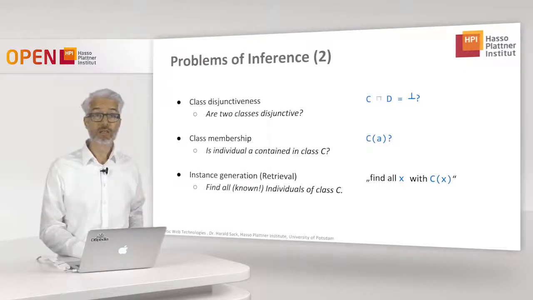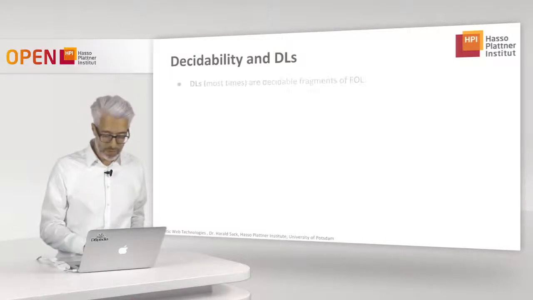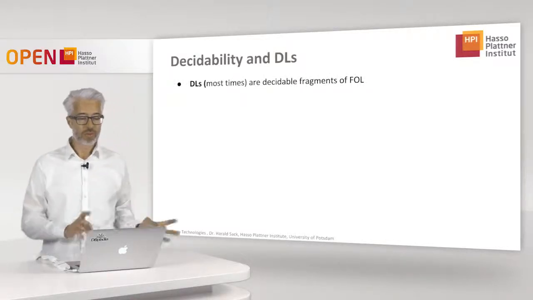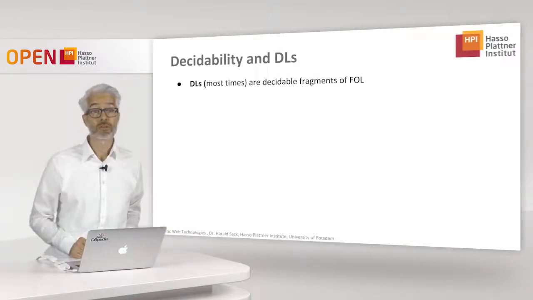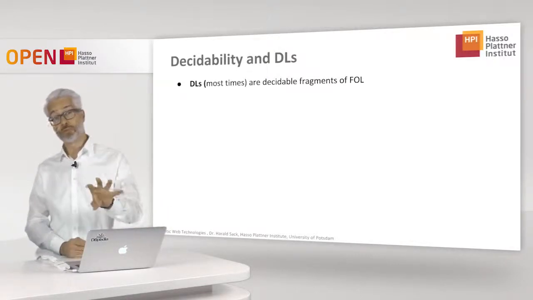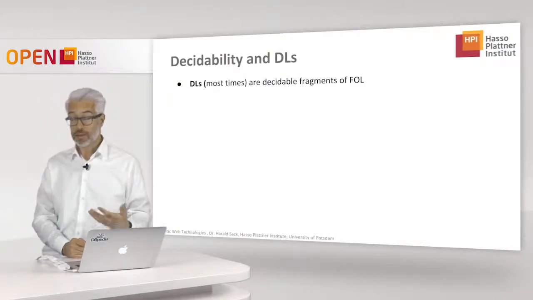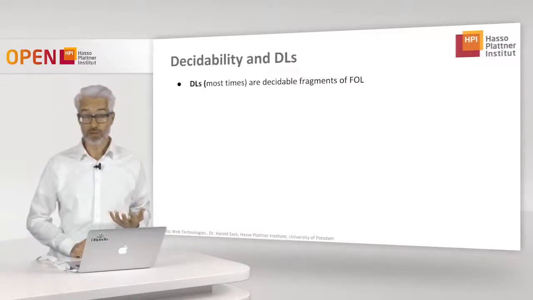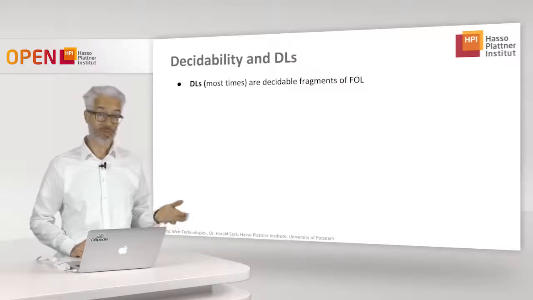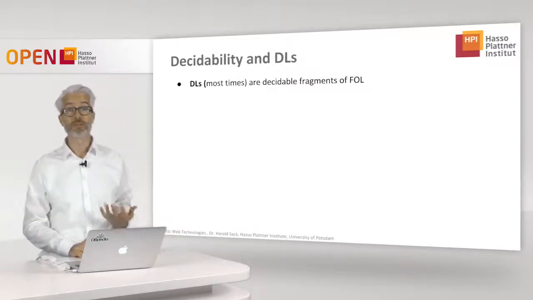So these are the general problems of inference. If we look at our description logics, we know most description logics are a decidable fragment of first-order logic, which means if we want to carry out these reasoning tasks, we can use a reasoning algorithm which is already known from first-order logic. Just remember, we have talked about the Tableau algorithm for first-order logic, so we can use it.